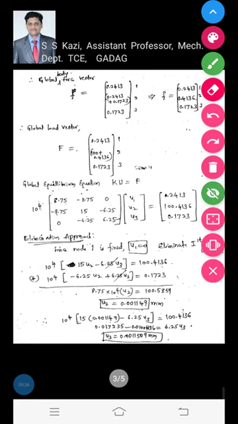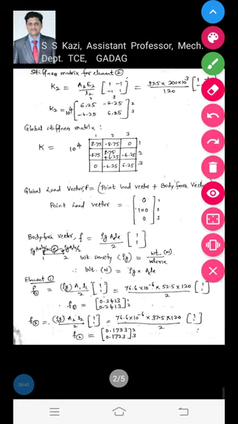Now we will write the global body force vector at the three nodes. At node 1, as we got DOF number 1 value 0.2413 in element 1, and there is no DOF number 1 value in element 2, we will write 0.2413. In the element 1 body force vector, the second DOF number value is 0.2413, as well as in the element 2 body force vector, the second DOF number value is 0.1723.